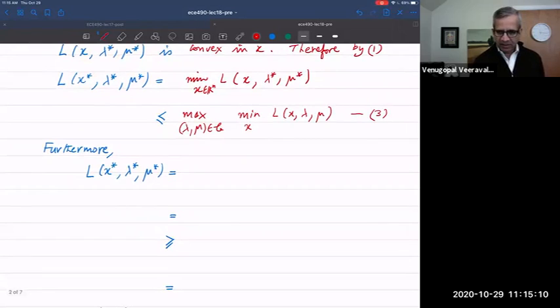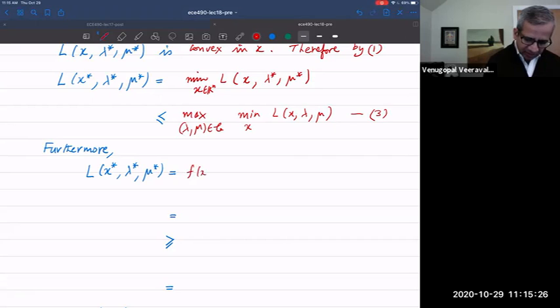All right, so now let's actually take the same quantity and look at it a different way. So I'm going to look at the same L of x star, lambda star, mu star from a different perspective. What is this Lagrangian?